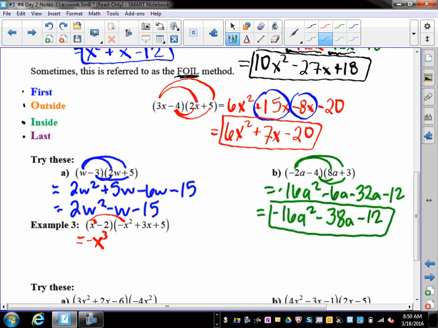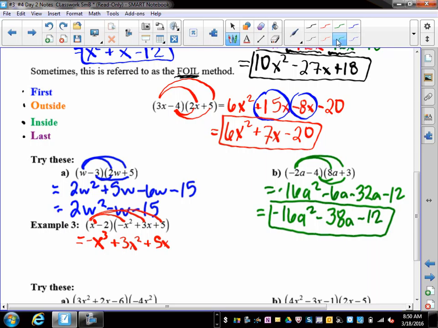Alright, now x times 3x is 3x squared. Good. Alright, now x times 5 gives me 5x. Alright, we've distributed the first term.